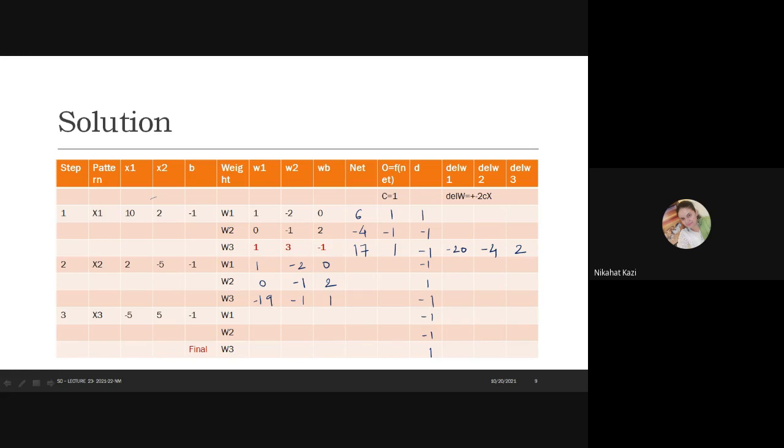Okay. So these are our new weights for the next step, where the next input pattern is presented. That is 2, minus 5 and minus 1 is the next input pattern. So now the same steps you have to follow. Tell me what are the values for net? What are the net values? 12, 3, minus 34. Correct.